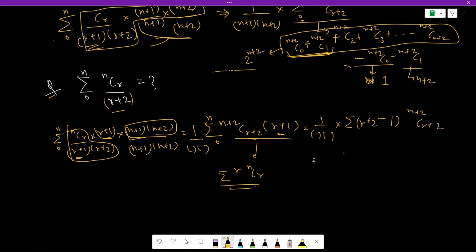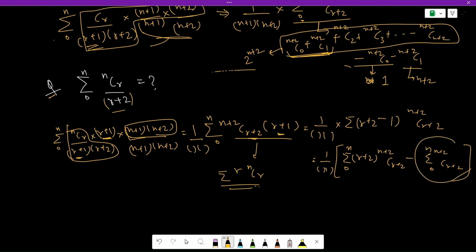This will be equal to summation (r plus 2) n plus 2 C r plus 2 minus summation n plus 2 C r plus 2, 0 to n, and this also 0 to n, and 1 by these products.